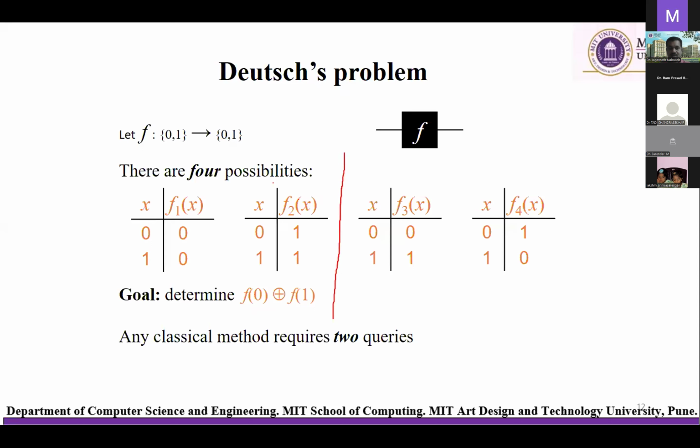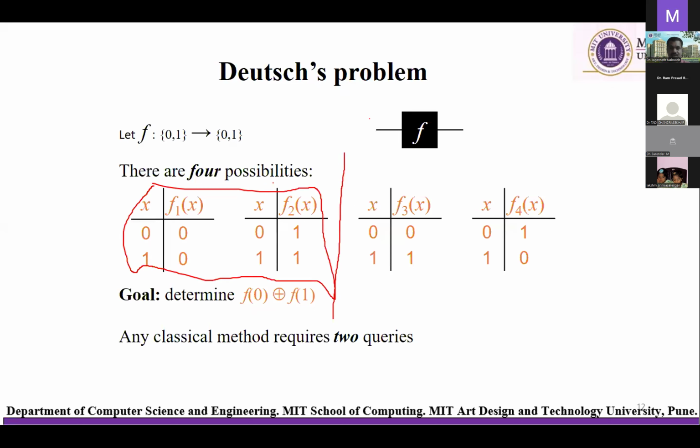Similarly in the f2 function, x is 0 or 1, and the output is 1. These two outcomes are considered the constant or stable state.